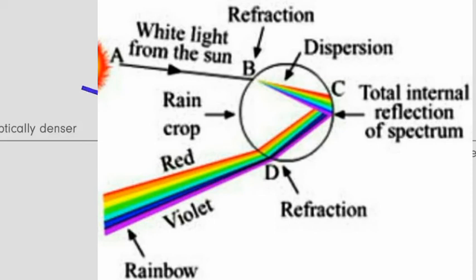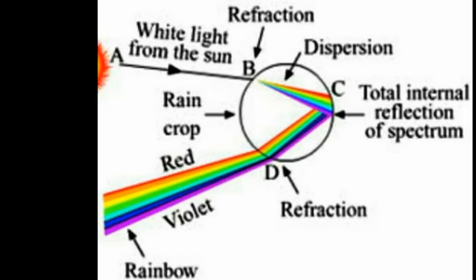This kind of total internal reflection takes place at the other surface of this water droplet. From the first surface, the light ray undergoes refraction along with dispersion, and the 7 colored segments reach the second surface. Instead of refraction, it undergoes internal reflection, then reaches the other side of this water drop.